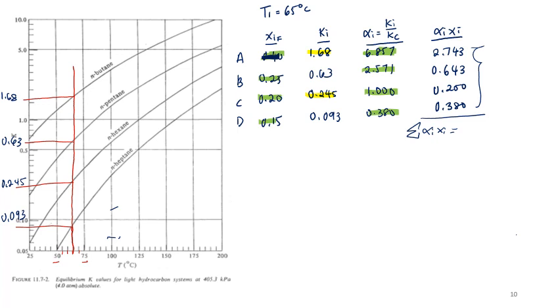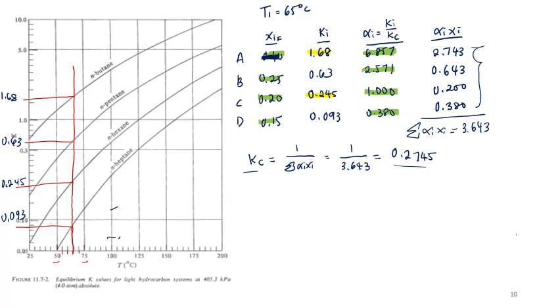So you get the summation here, 3.643. So what's next is you use this to calculate the new value of Kc. So the new value of Kc equals 1 over the summation of alpha i xi, equals 1 over 3.643, which is about 0.2745. So this is the value of Kc equals 0.2745.